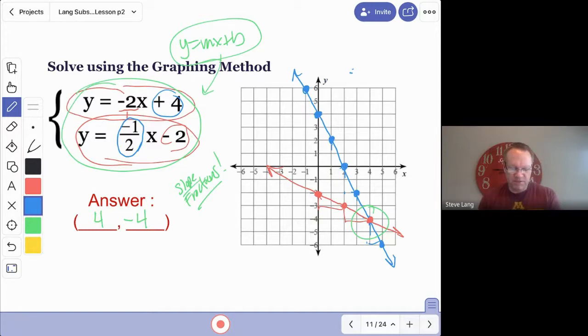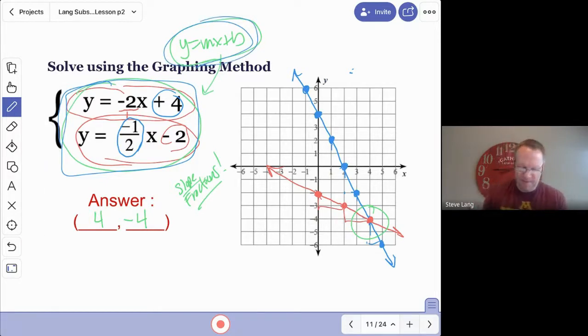If you tried to do this with equal values method, you'd have to solve with a fraction, and that's just going to cause a lot of trouble. Okay, so if you have a fraction as the slope, and if you have both equations written in this y = mx + b form, graphing is a great method. Okay, it would probably be my preferred method.